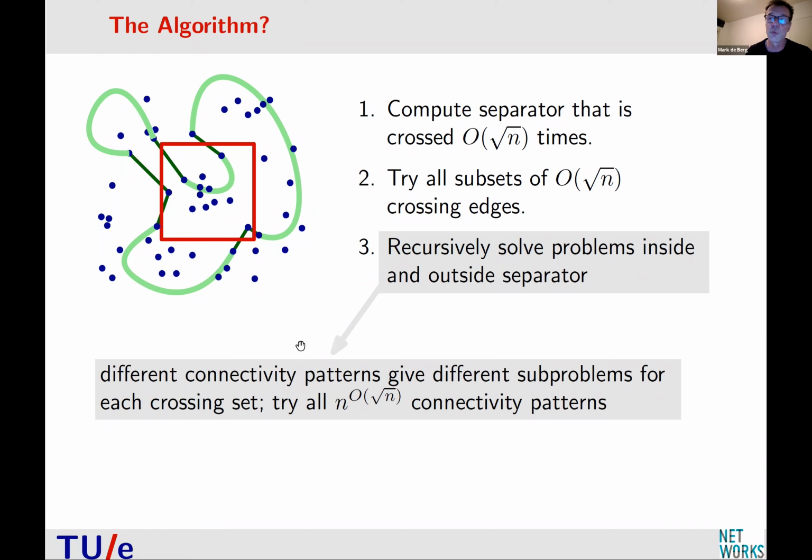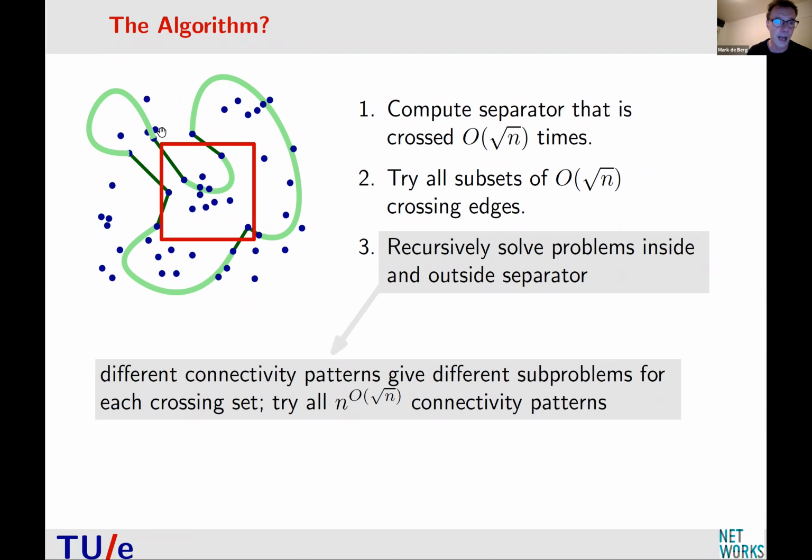And here there's more guessing going on, because for the inside, I have to guess what is happening on the outside, because depending on that, different connections have to be made on the inside. I want the total to be a tour.